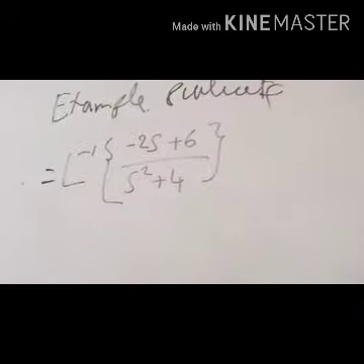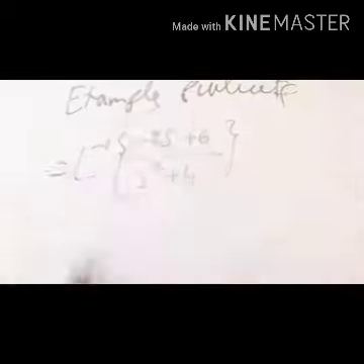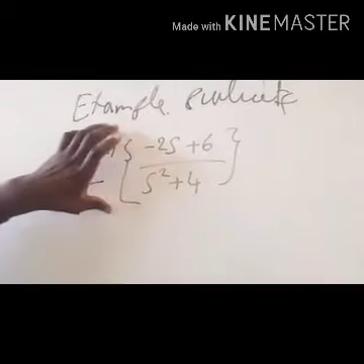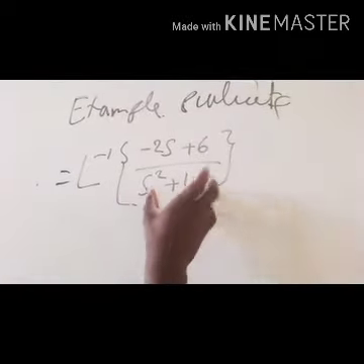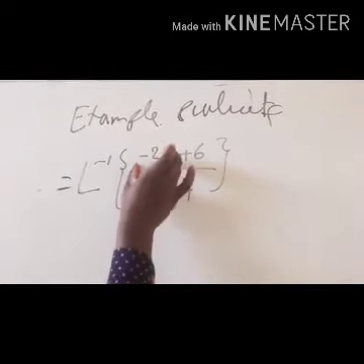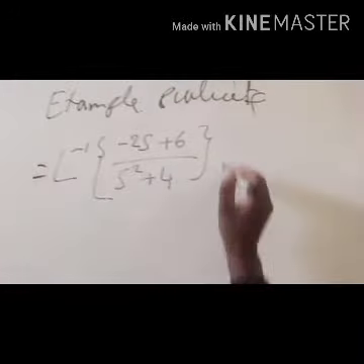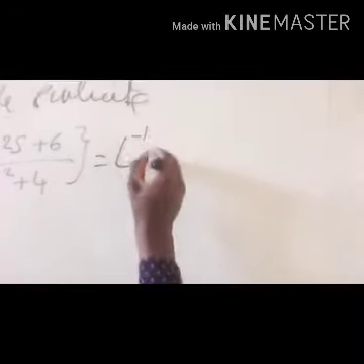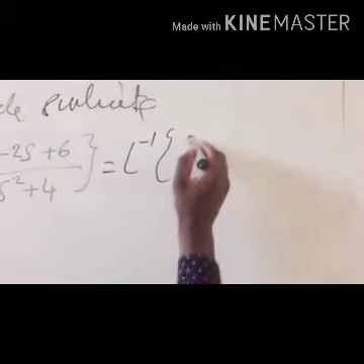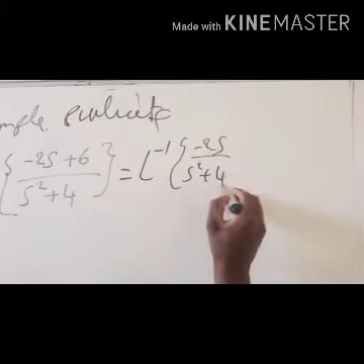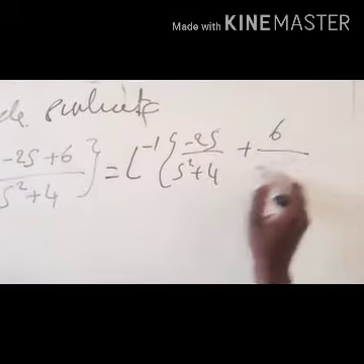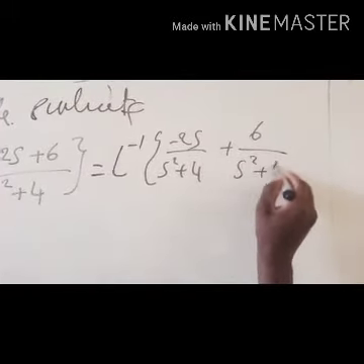Now an example of using these formulas to evaluate an inverse Laplace transform. We can divide it into the two sides and get the inverse Laplace transform of minus 2s divided by s squared plus 4, plus 6 over s squared plus 4.